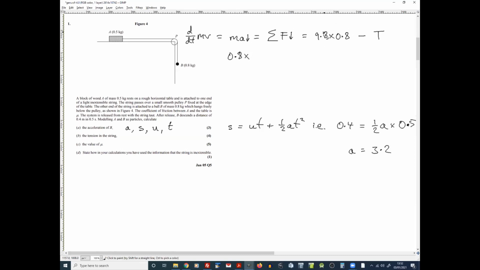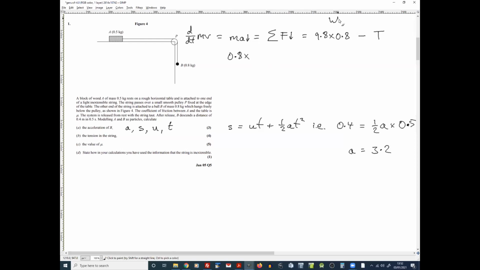That's the would-be acceleration due to gravity. 9.8 is what the acceleration would be. But the actual acceleration is? No. MA is going to be equal to 9.8 times 0.8, the weight, minus t.